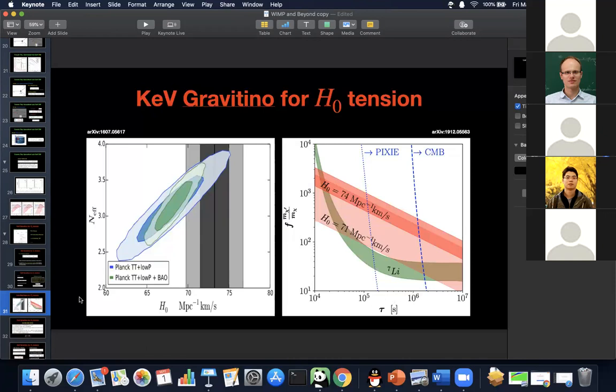So the whole picture is like this: we let some heavier particles decay into almost massless dark matter, and this dark matter will behave like radiation, and due to the faster dilution with the scale factor, we can increase the present Hubble value.